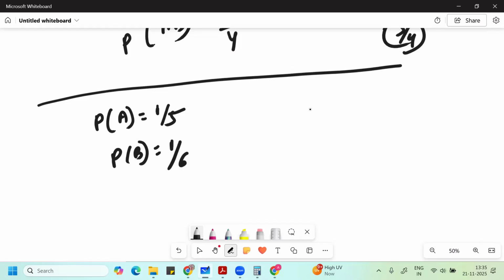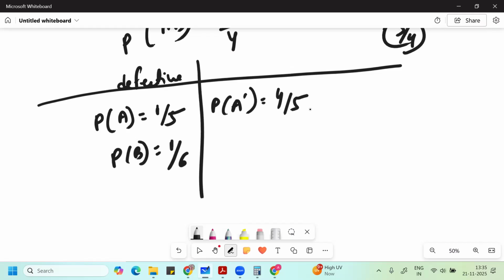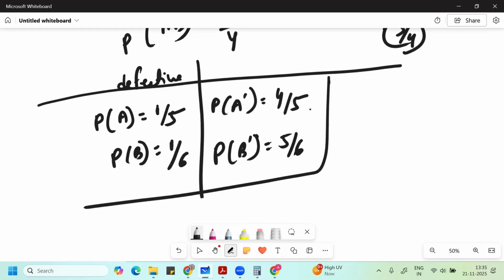So the probability of not getting a defective screw from box A would be 4 by 5, and not getting a defective screw from box B is 5 by 6. I hope you are getting this.